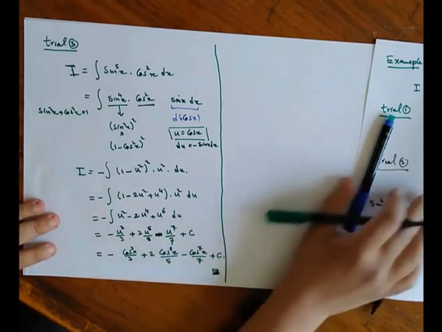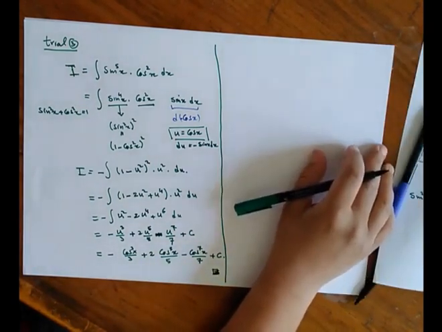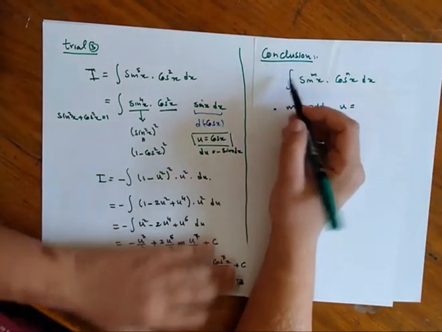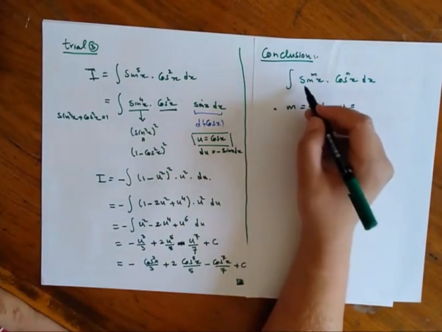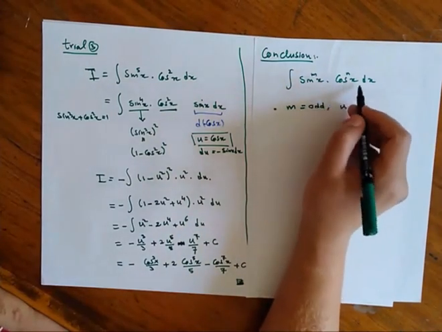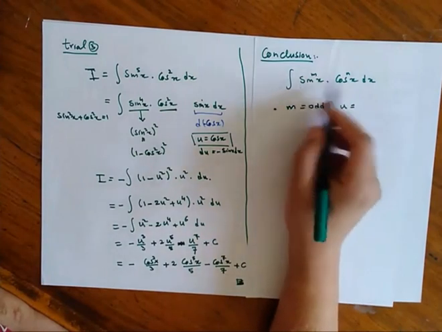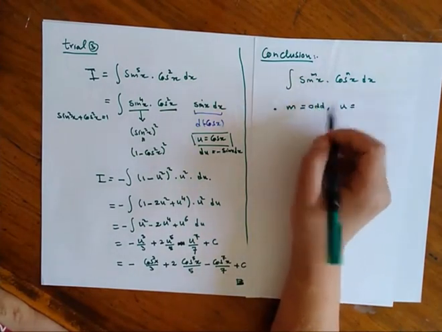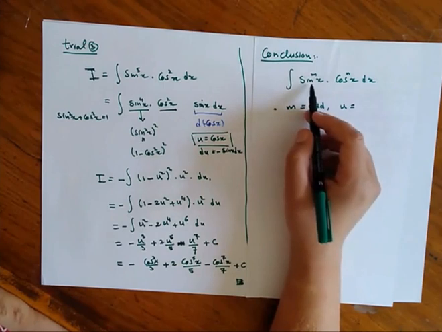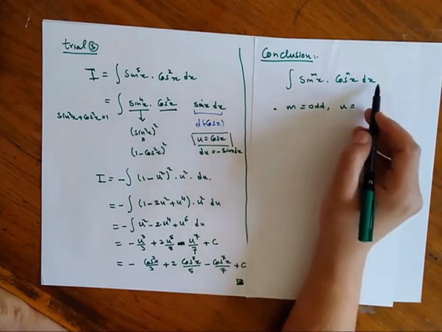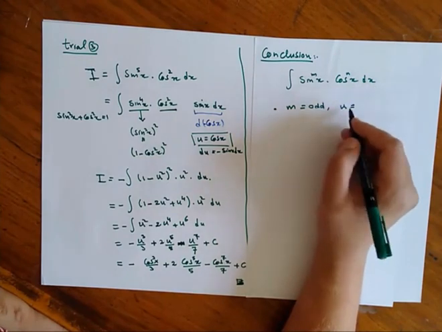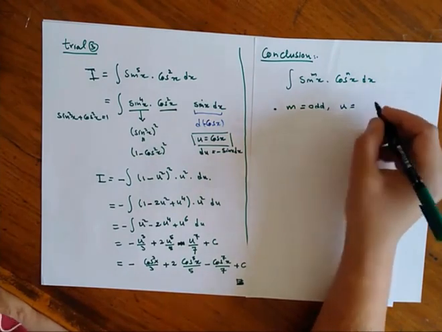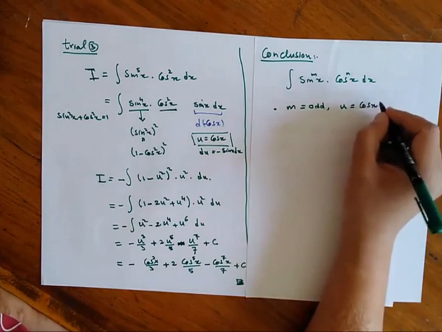Okay, so let's conclude what we have done here. So our conclusion for this case, if you have sine^m times cosine^n, so simply if one of them is odd, so let's consider first that the power of the sine is odd, so you're going to save one factor of the sine, and then you have to write everything in terms of cosine and use this substitution, which is u = cosine x.